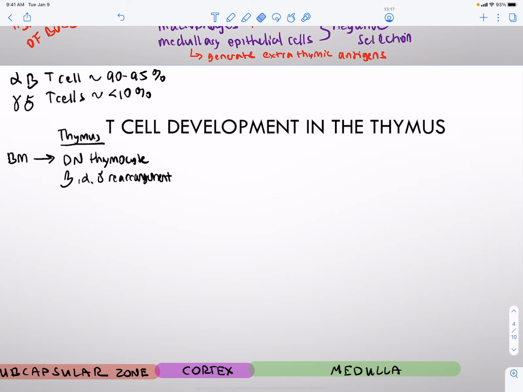And so we can become a gamma delta T cell. In this case, this T cell will leave. The gamma delta T cell does no positive selection and no negative selection.